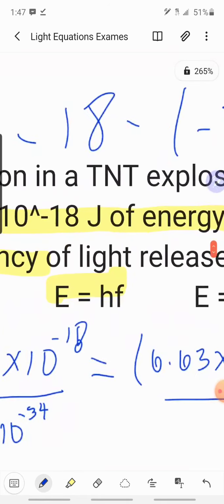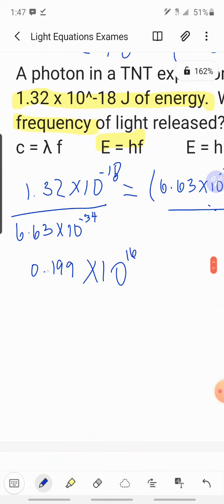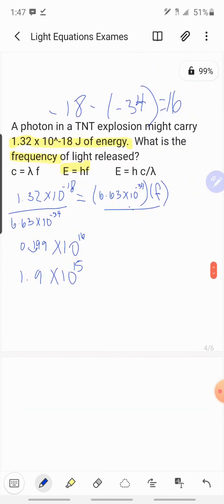So this would be times 10 to the 16. If you want to move it over one, we can say 1.9 times 10 to the 15, because it's a slightly different number. However, most of your answers you should be able to find just by working out this first number.